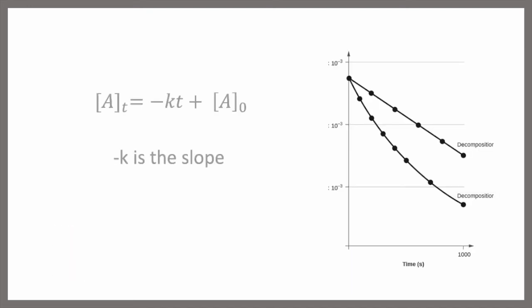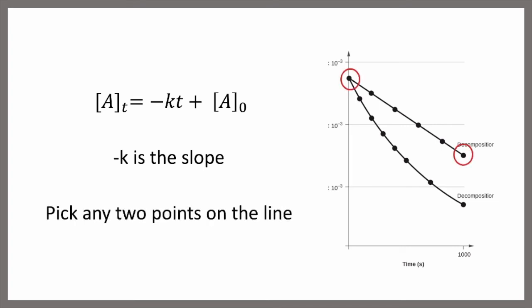To find k for the reaction on tungsten, we calculate the slope of the line, and we can use the linear version of our zero order integrated rate law equation. And here we see that negative k is the slope of a line. Well, we can pick any 2 points on the line to calculate the slope, but it tends to be easiest if we use the first and the last point.